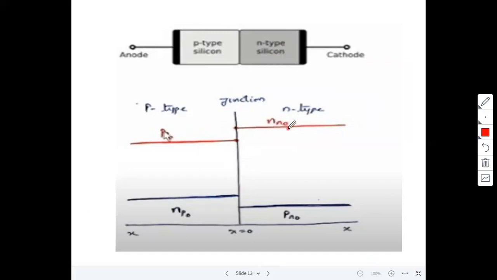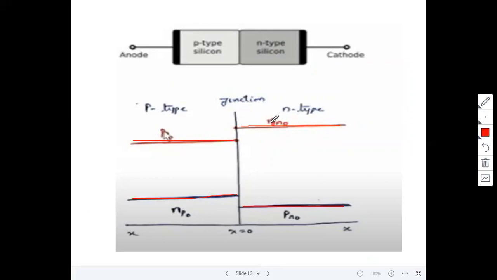Here n naught is the electron concentration in n-type at equilibrium condition. The red line indicates the majority, and the black line indicates the minority carrier densities at equilibrium condition. Here the subscript O indicates equilibrium, that is, open circuited.